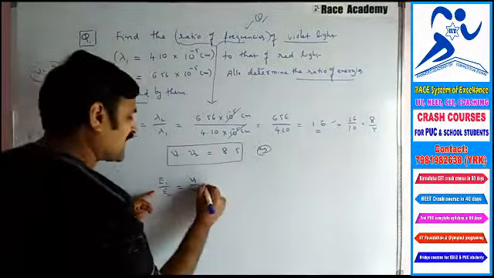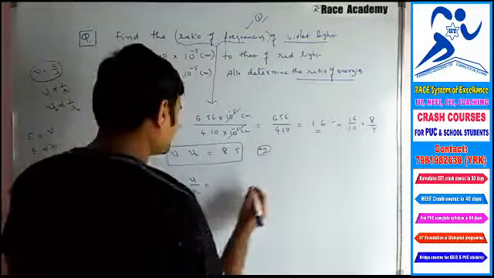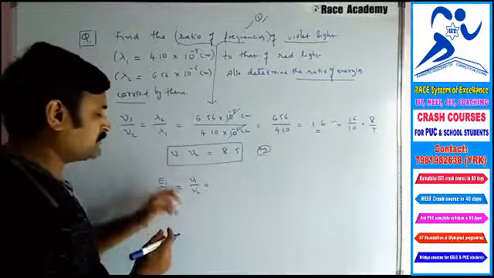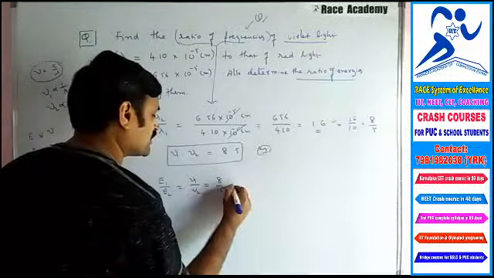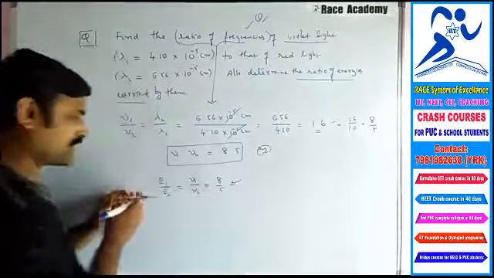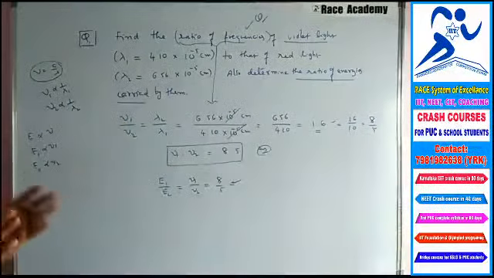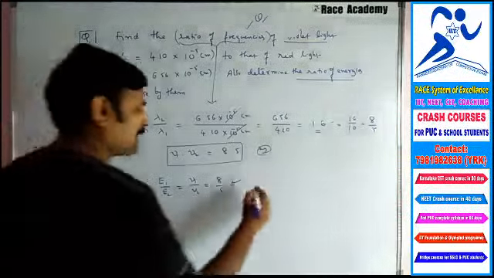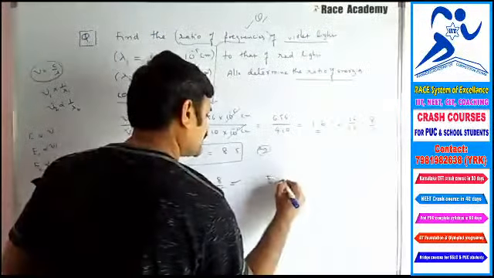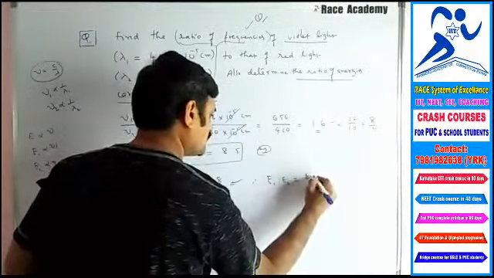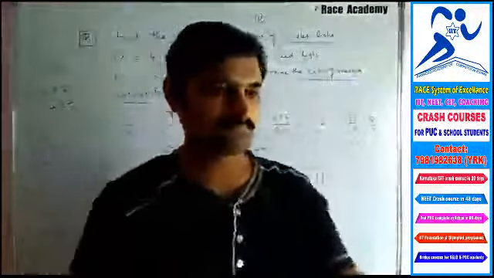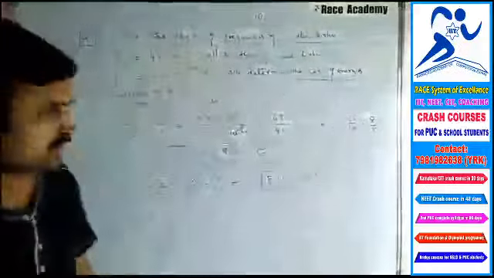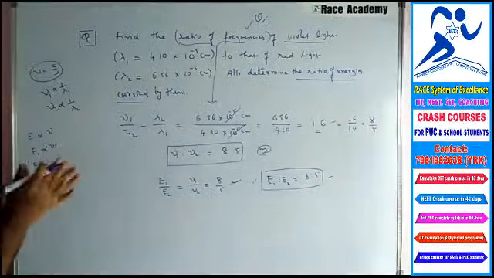What is the nu1 by nu2 value we have? That means 8 by 5. That is the same. Again, the ratio of energies remains the same as the ratio of frequencies. That is E1 is to E2 is equal to 8 is to 5. Why?